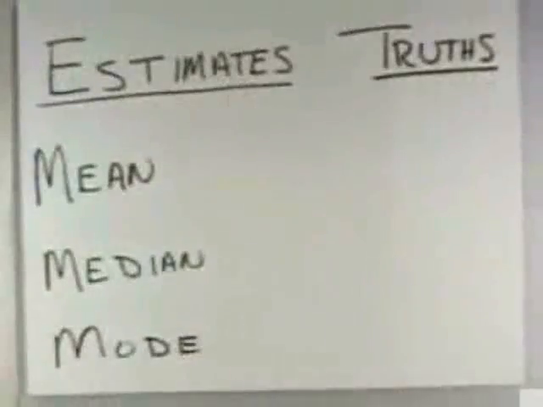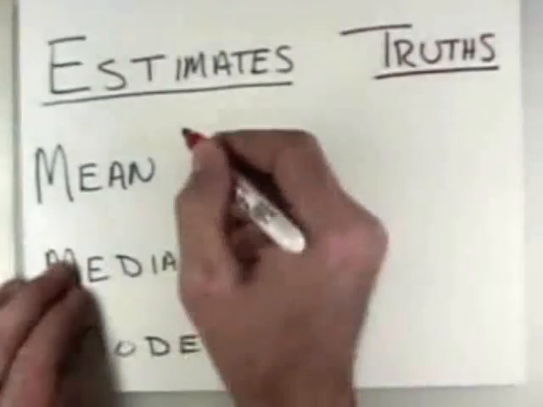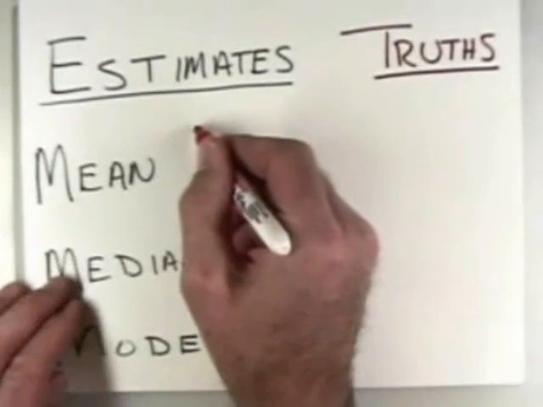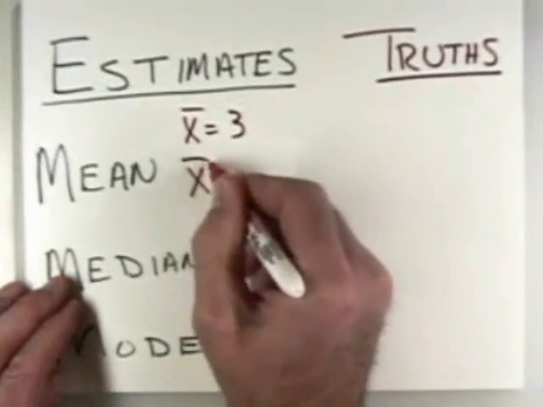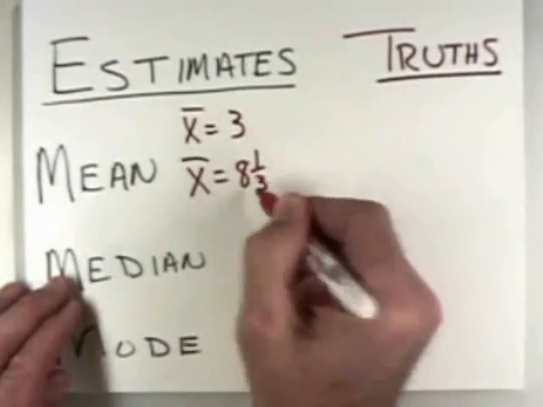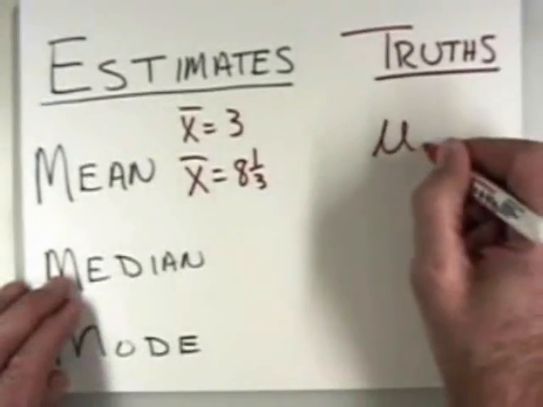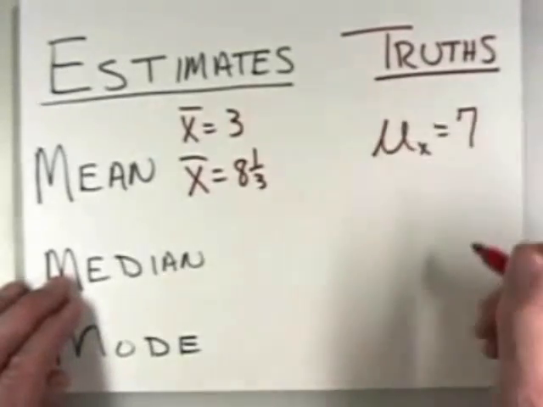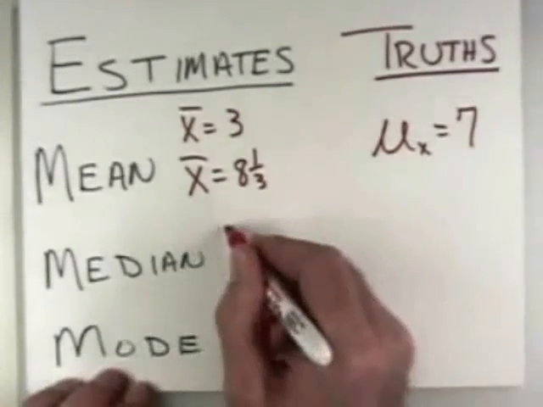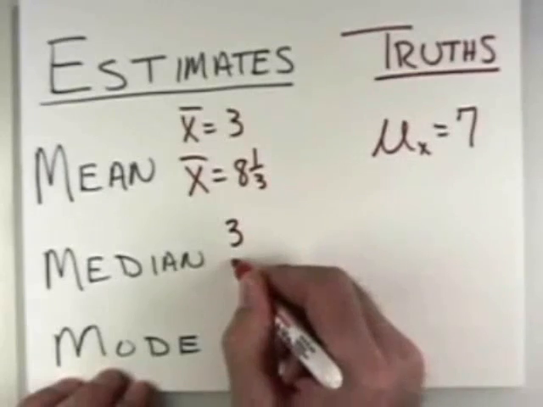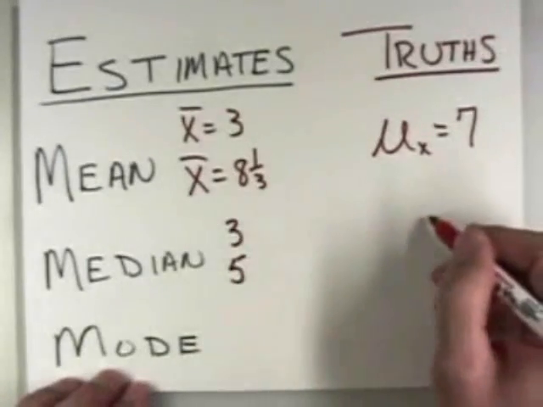Now, if we look at the particular example that we had, we can go back and we can see that we had a sample average of 3, and we had a sample average of 8 1/3. The true average was equal to 7. Similarly, we had a median that was 3, and we had a median that was 5.